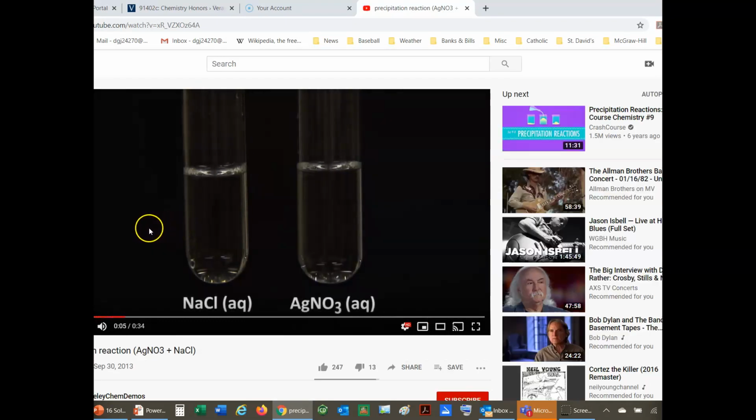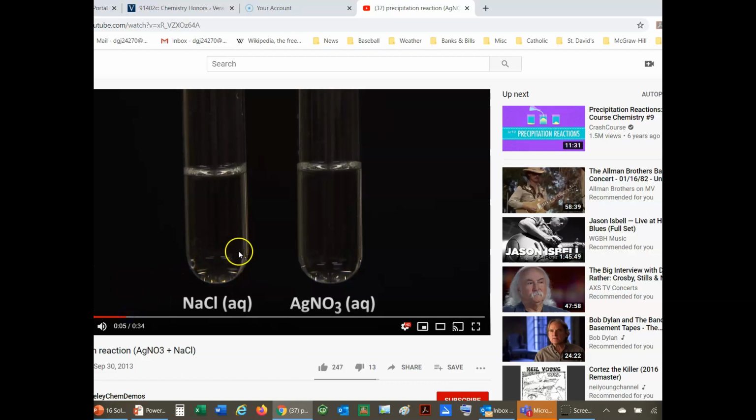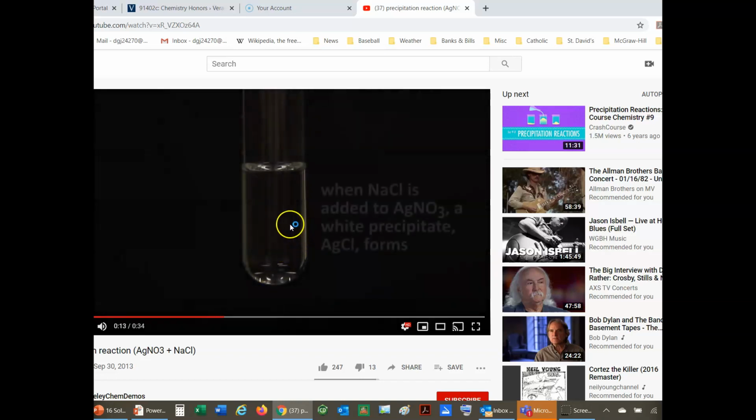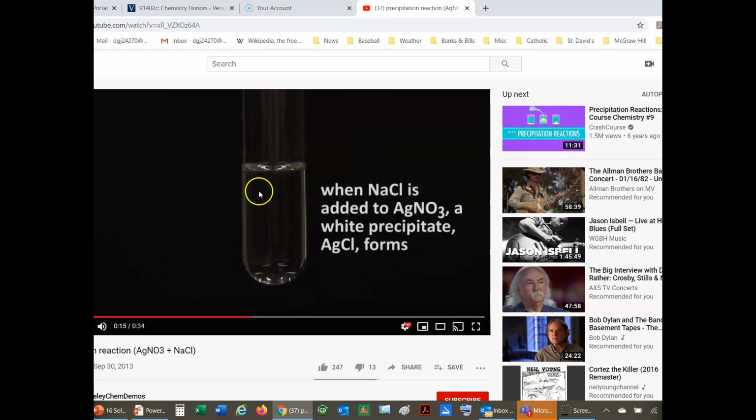And so this is the classic precipitation reaction: sodium chloride plus silver nitrate. They are both soluble in water. In fact, let me just back that up for a second. Sodium chloride and silver nitrate are both water soluble. You can see these are both clear solutions. Now they are going to just show you the silver nitrate in solution.